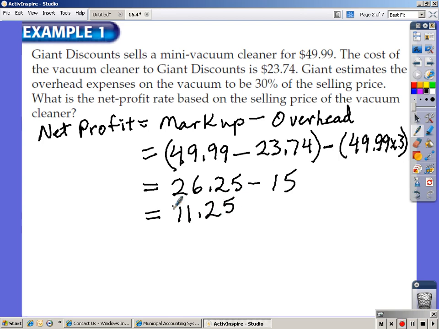All right, now I can go use the formula that I got today, which is to find the net profit rate. That formula was net profit divided by selling price. So to find my rate, it's $11.25 divided by $49.99.